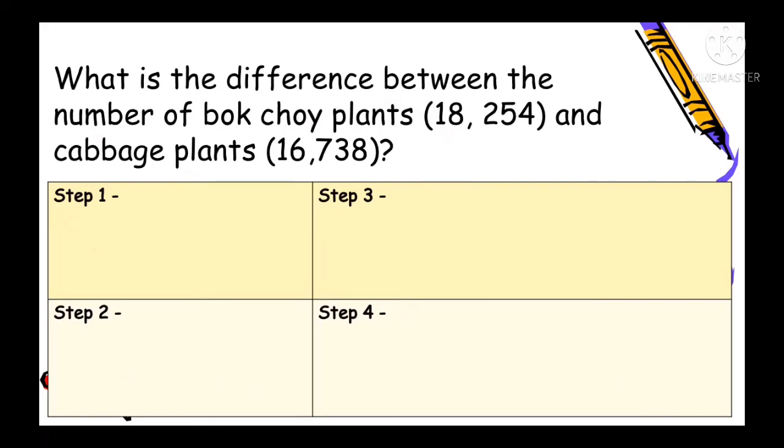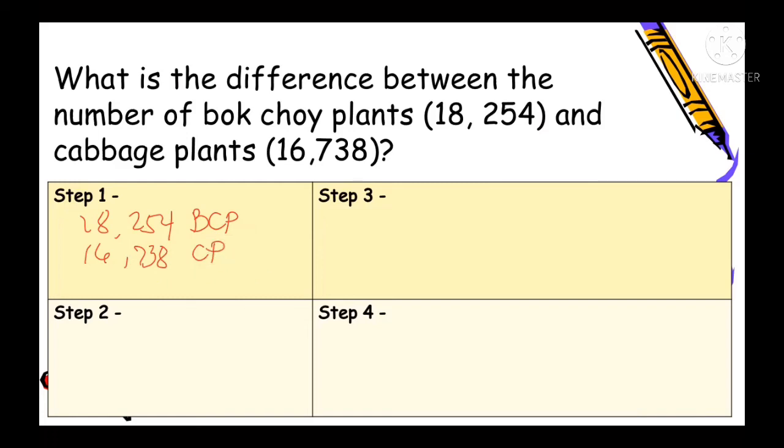So what will be our step 1? What are the given? We have the given, we have bok choy plant. So I will just put here 18,254 bok choy plant, BCP. Okay? And we have 16,738 cabbage plant, CP. Okay?